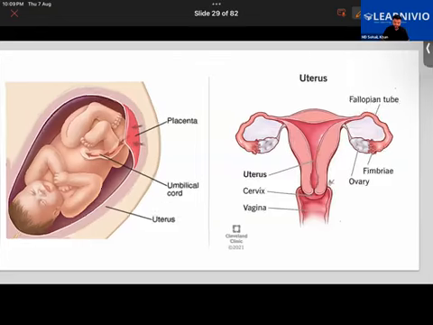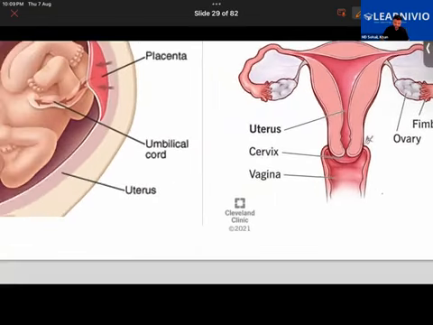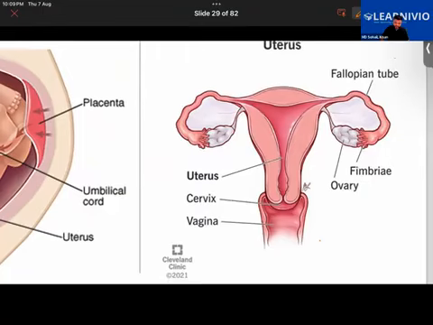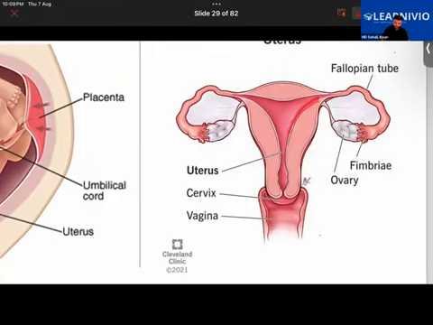But once the pregnancy occurs, there will be a development of an extra tissue over it. The blood supply in this will increase and its thickness will increase. How is this going to happen? With the help of the hormone progesterone. I hope that is clear to everyone.